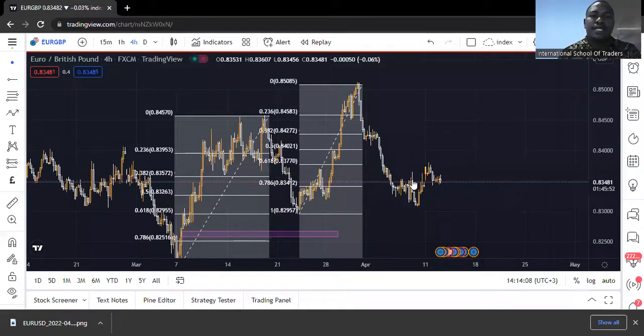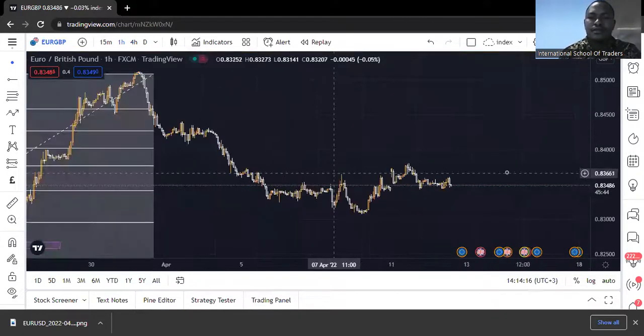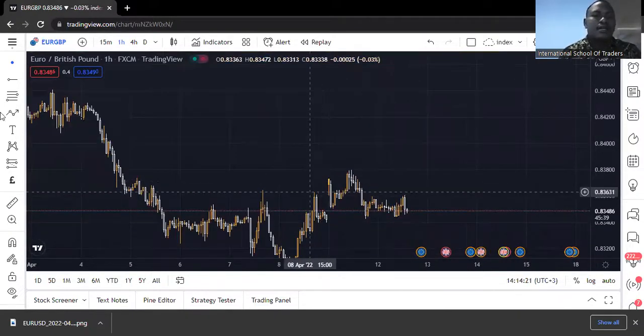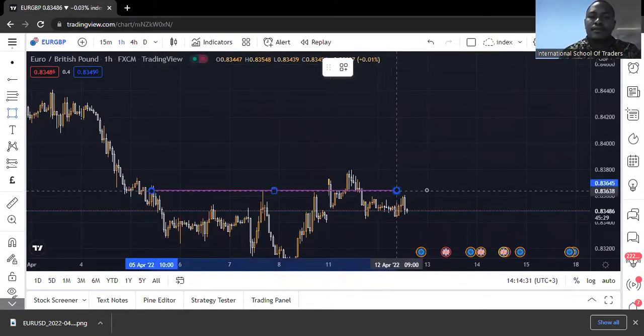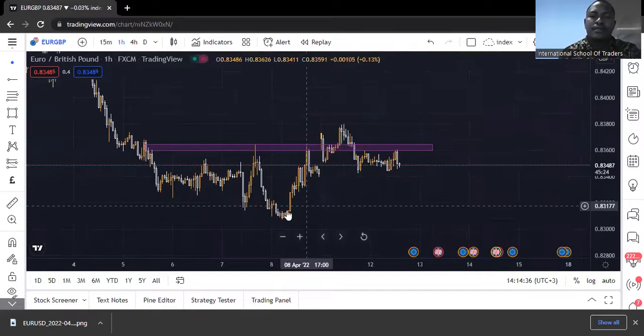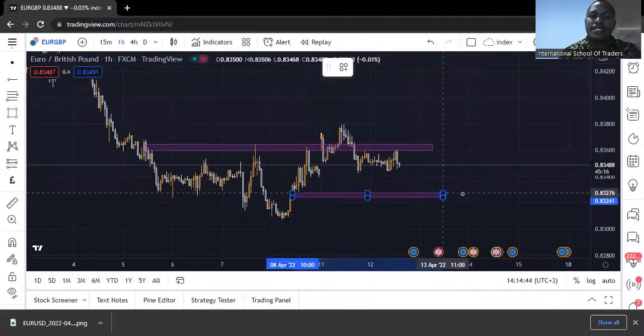And then we had a beautiful break of structure here. So this right here, beautiful area. So I believe around these areas, we're going to see probably markets changing direction.